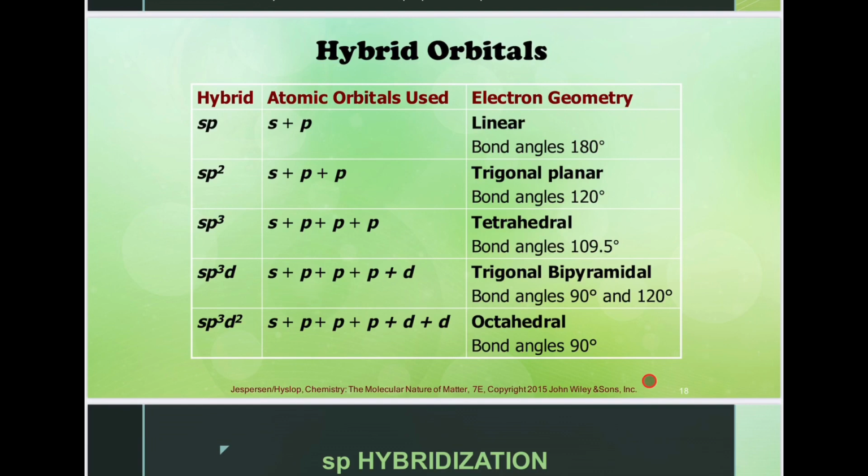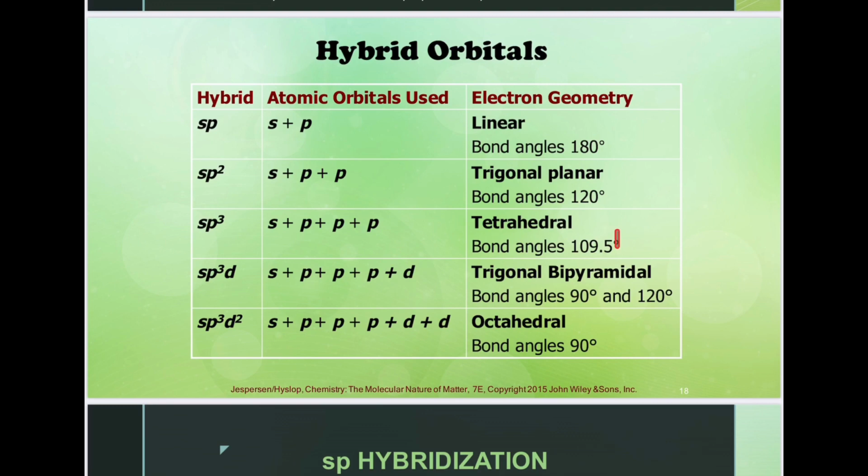Hybrid orbitals. For the hybrid sp, the atomic orbitals use s and p. The electron geometry is linear. For the sp2, the atomic orbitals are 1s and 2p, which is the electron geometry trigonal planar. For the sp3, the atomic orbitals use 1s and 3p.